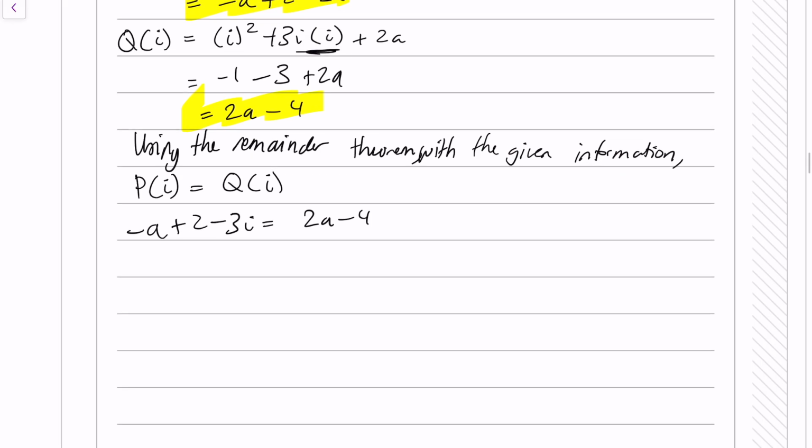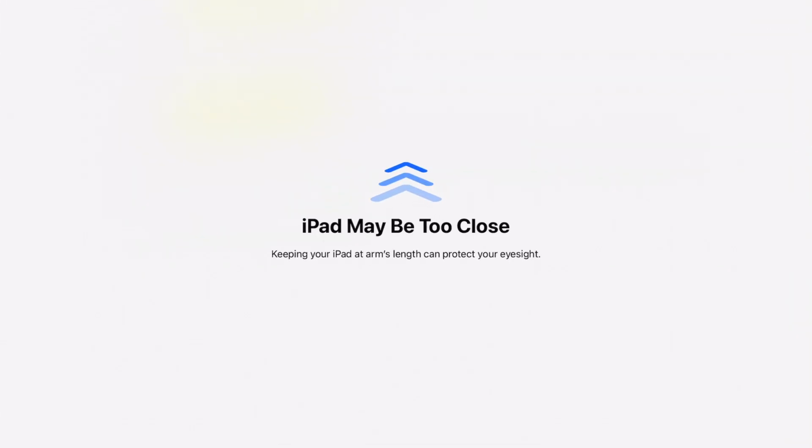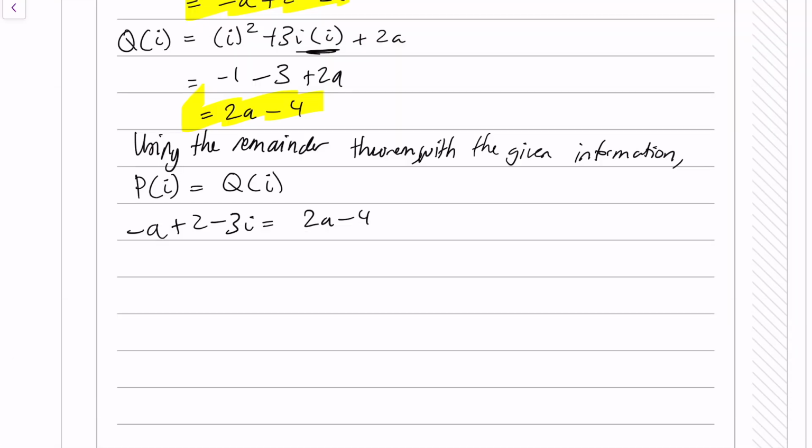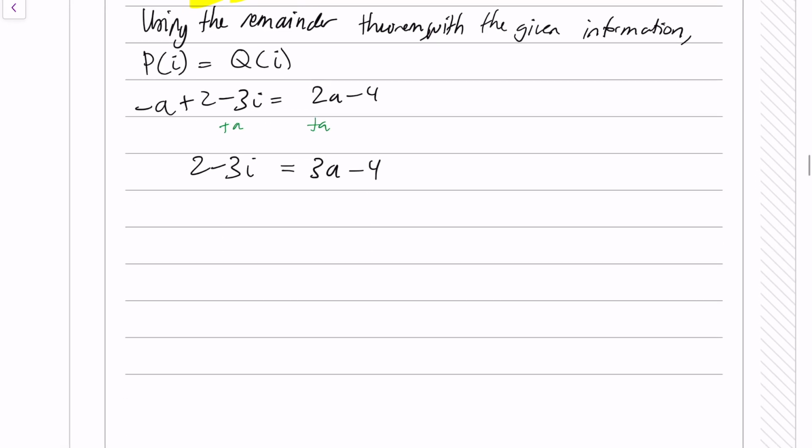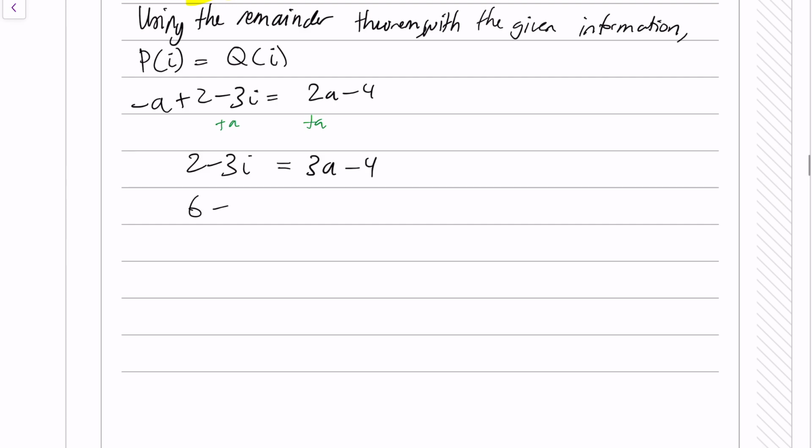Okay, so what I would do is I'd probably move the a's on the right hand side because I want to keep my a's positive, so plus a on both sides. You know the drill. 2 minus 3i equals 3a minus 4, and then plus 4 on both sides, so 6 minus 3i equals 3a, and then just dividing 3 on both sides, therefore a is equal to 2 minus i, because I'm dividing by 3 on every term there, okay?